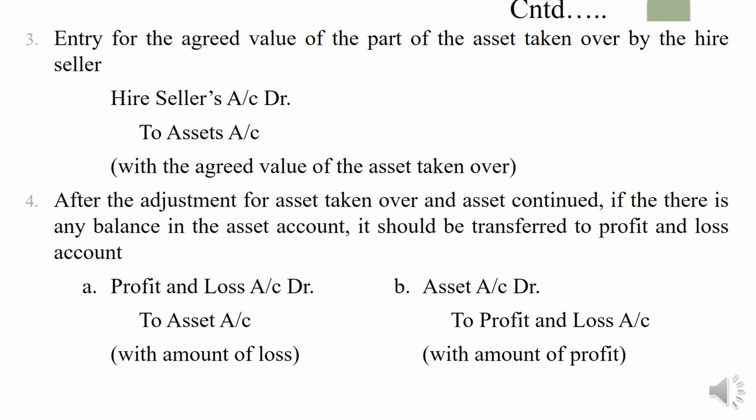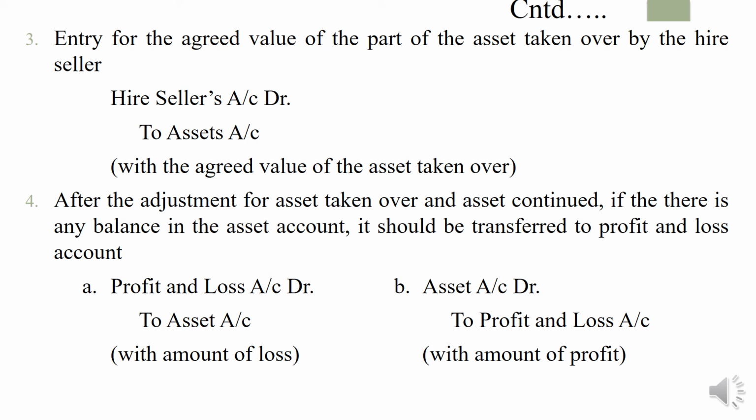So the agreed value of the asset taken over is to be debited in front of hire seller's account and credited to assets account. Then after adjustment for assets taken over and assets continued, if there is any balance in the asset account, it should be transferred to profit and loss account, depending upon the situation.